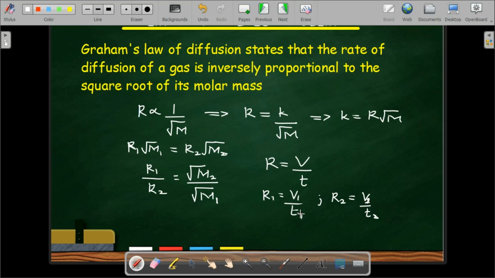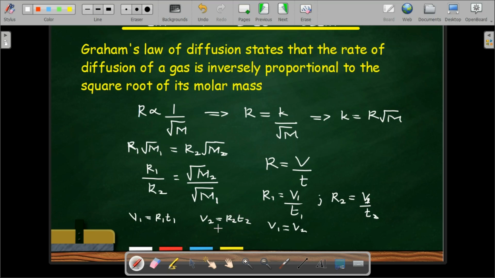Now, if we are trying to make comparisons, let's assume we have the same volume of different gases. That is, let's take a case where V1 is exactly the same as V2. What do we now have? If you cross multiply here, you will get V1 to be R1 T1 and V2 will be R2 times T2.